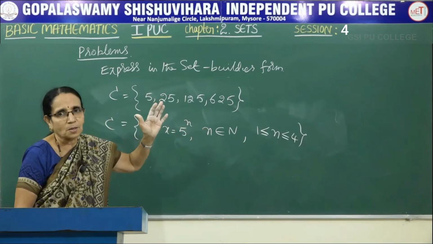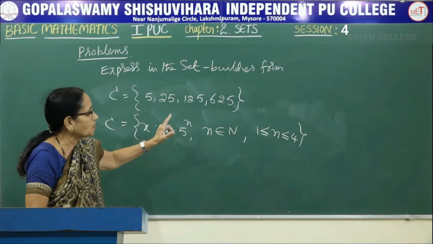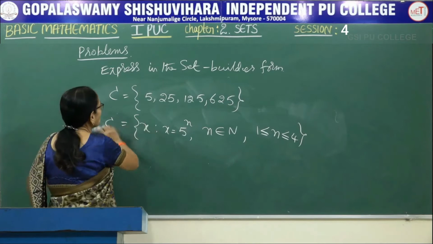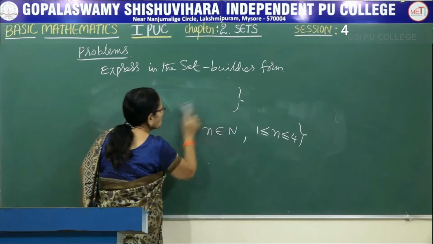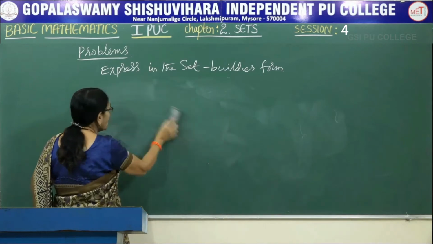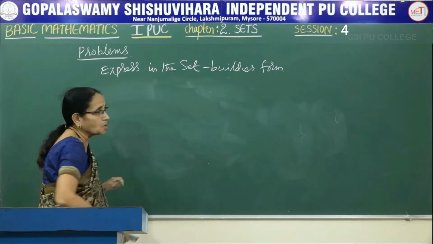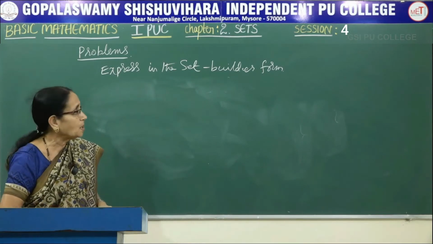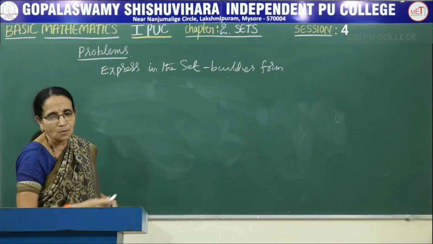We are not considering all the natural numbers. Here we have to take between 1 and 4, both 1 and 4 included. Now this is how you have to write. So that's why I am telling you, you have to read the problem, you have to see the numbers or the quantities or the objects that have been given, then only you can think about the way you can express it in the set builder form.